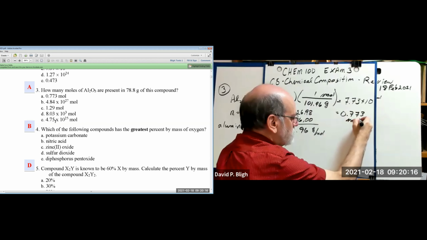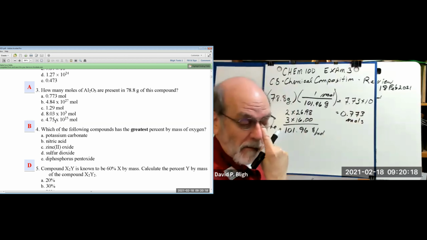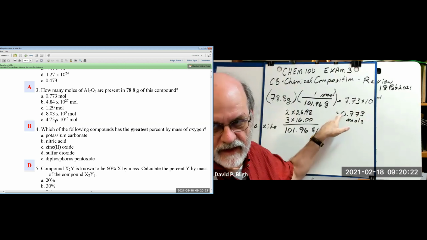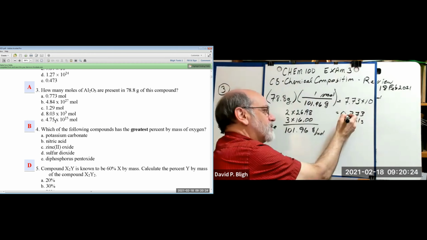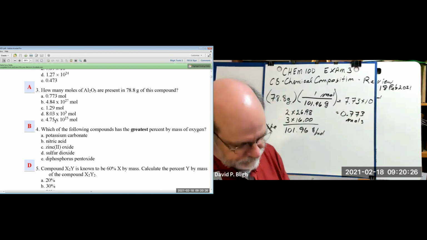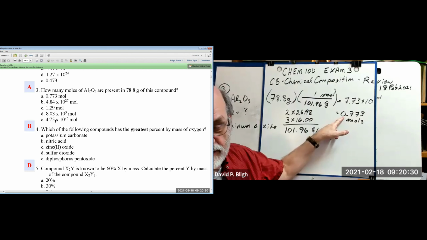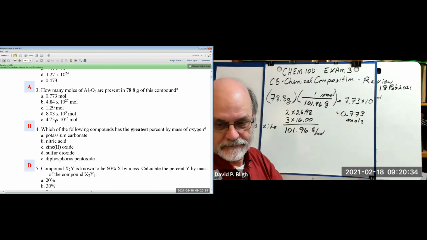0.773 moles. And notice I put a 0 in front of that decimal point. It's not a period. That's why we put a 0 in front of that decimal, because if you don't, and you put it in a sentence, it could be mistaken for a period.